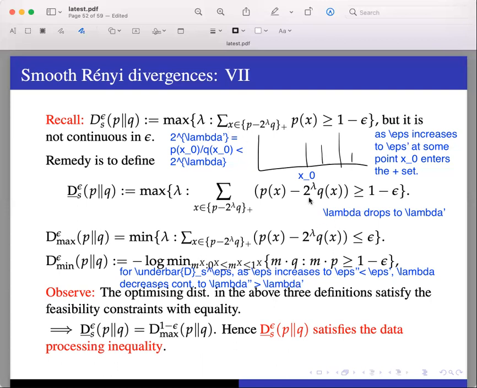Okay, but what happens in the lower bar is, as epsilon increases, you can afford to bring this lambda down. Whereas in d epsilon s, you cannot afford to bring in this lambda down because it is just px out here. Okay, and the summation of these pxs is exactly equal to 1 minus epsilon. So you cannot afford to change it. But here, the px part is the same, but you can afford to increase lambda out here, even though the qx is the same. The plus set still remains the same. X0 has not crept in.